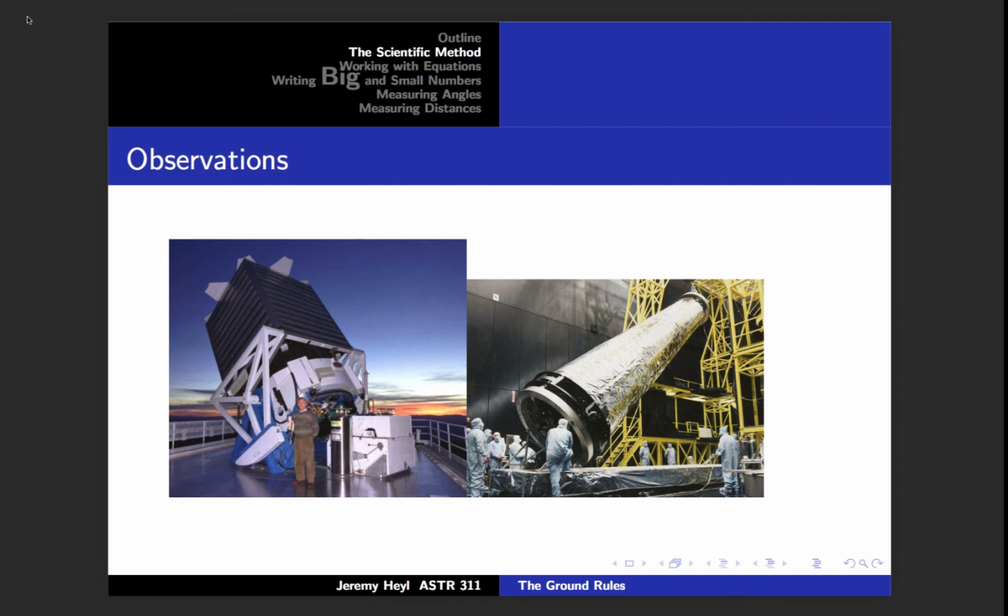But we have other sorts of observatories now that don't even look like observatories. One observatory is in Antarctica, and there are lots of observatories in Antarctica, but one of them in particular has light detectors on strings in the ice. It's in a cubic kilometer of ice in Antarctica.